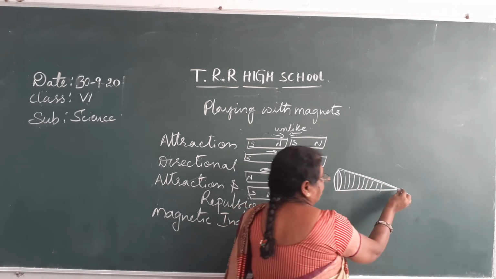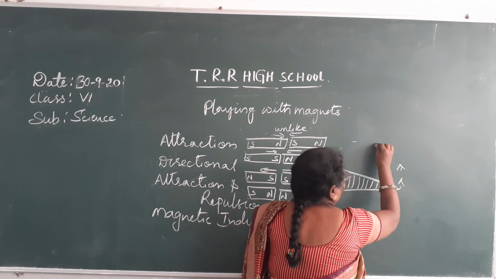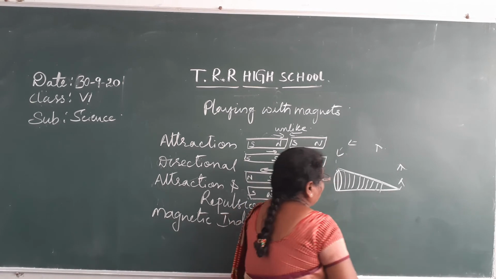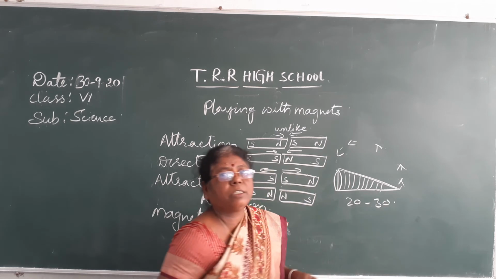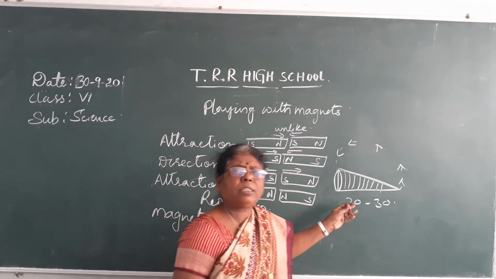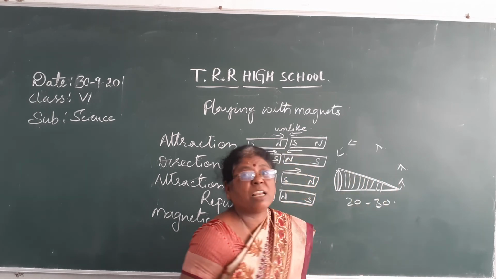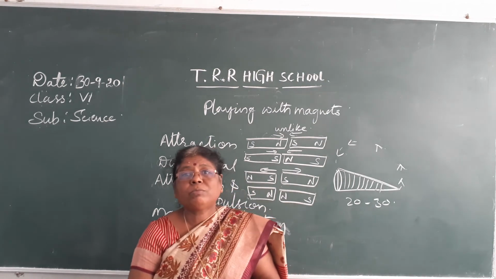Drag the magnet in one direction only. Like this you have to do 20 to 30 times or more. If you drag the magnet on the surface of the nail several times, one stage will come.